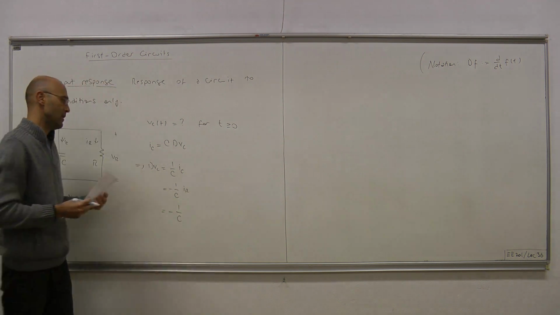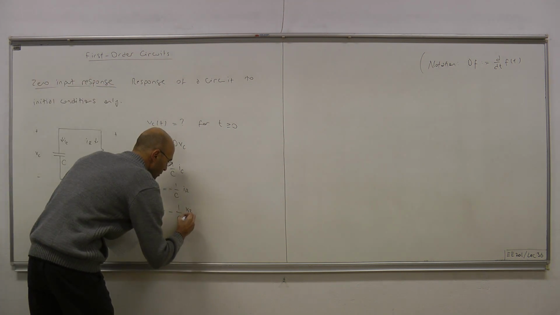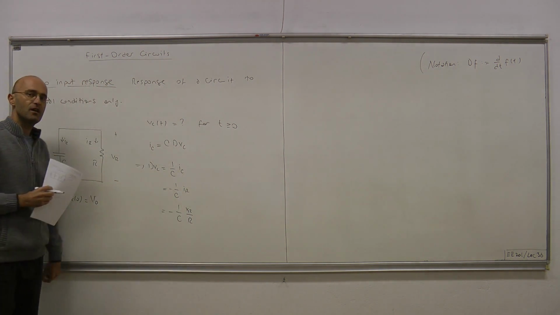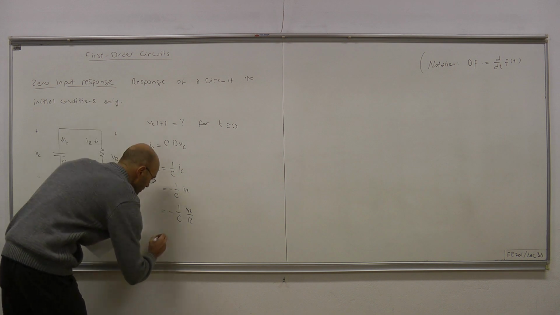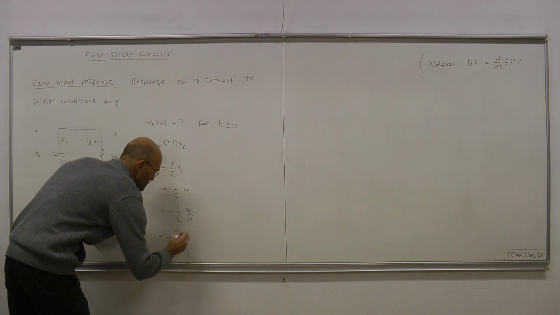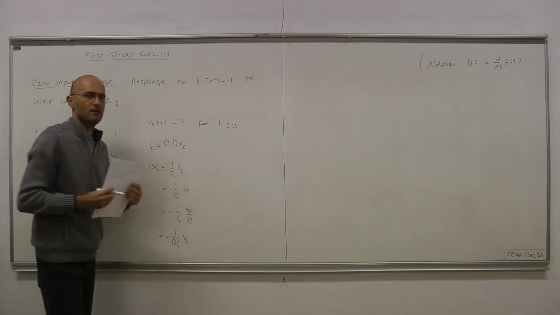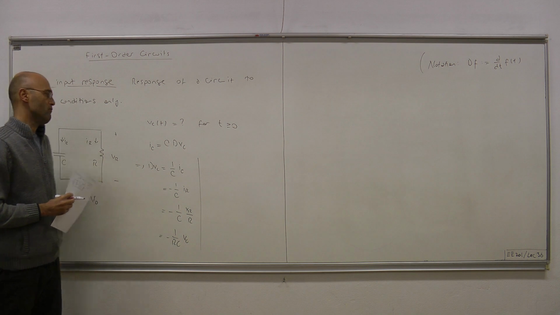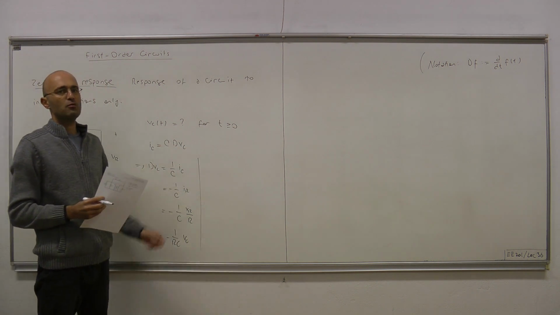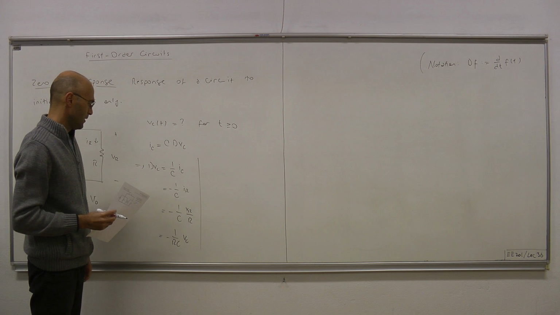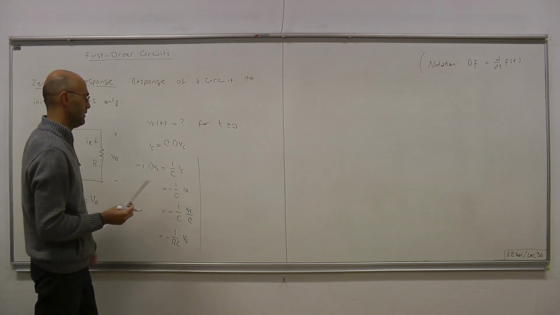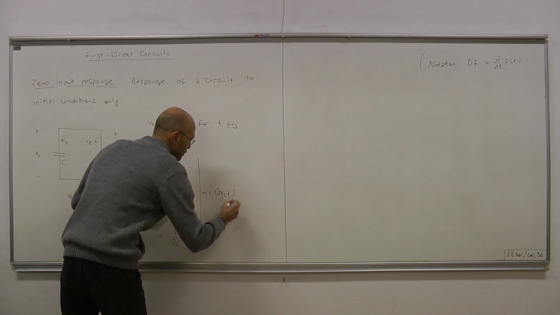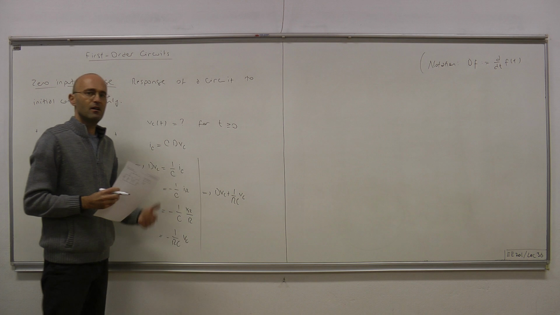By the terminal equation of the LTI resistor, this equals minus VR over RC. And finally, by KVL, VR and VC are the same voltage, so we have minus 1 over RC times VC. Now, it's usual convention to collect all VC terms and its derivatives on the left-hand side, and if you do that, this is what you have: DVC plus 1 over RC VC equals 0.